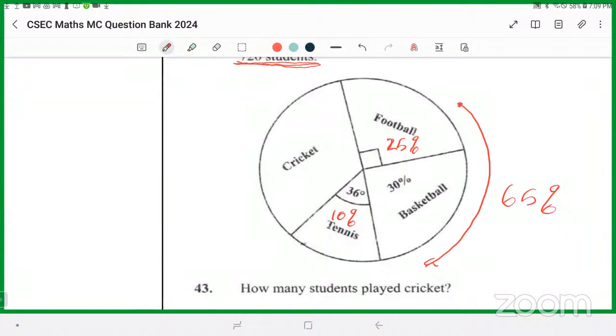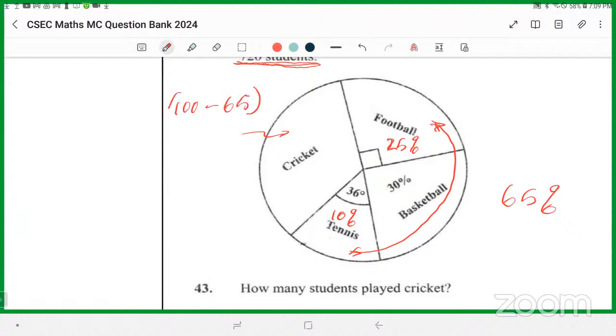These 3 add up to 65%. And so the remainder inside here would be 100 minus 65%, which is 35%. So 35% of the students play cricket.